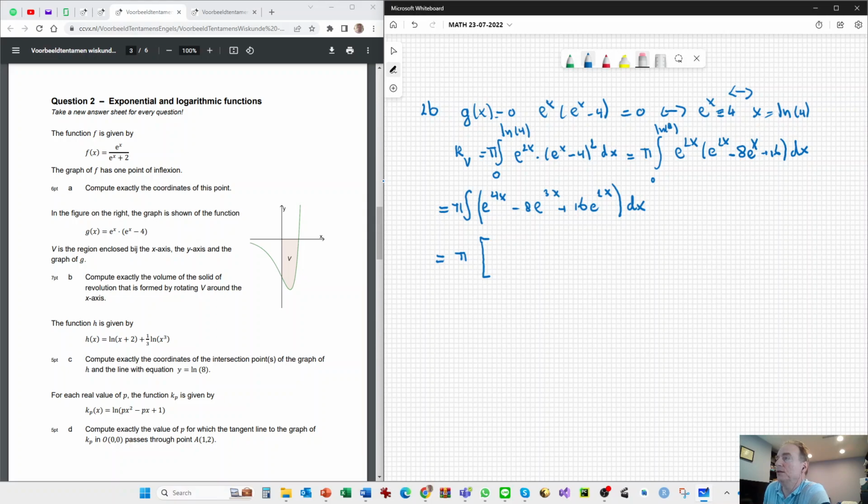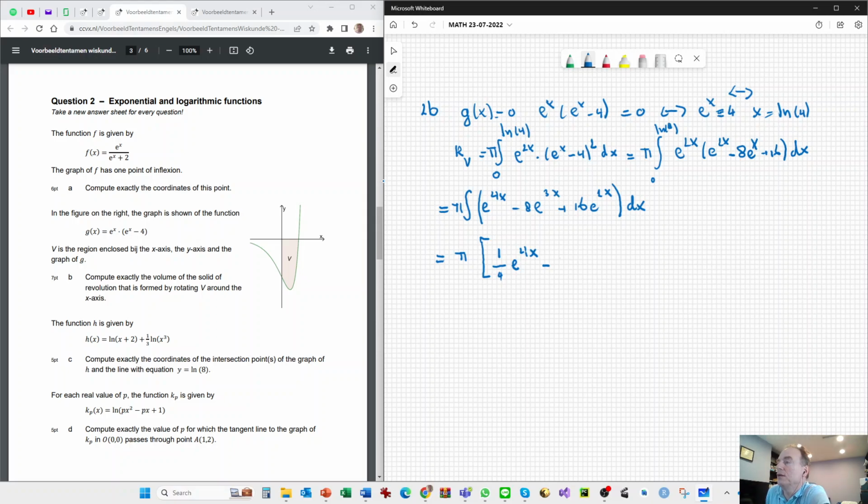I get 1 over 4 and e to the power 4x. Microsoft Whiteboard is terrible, but I haven't found something better. So 1 over 4 times e to the power 4x. If I take the derivative of this, I get the function itself, e to the power 4x, times the derivative of the inner function, which is 4. So I get this back.